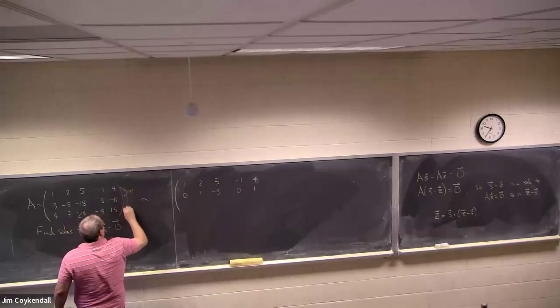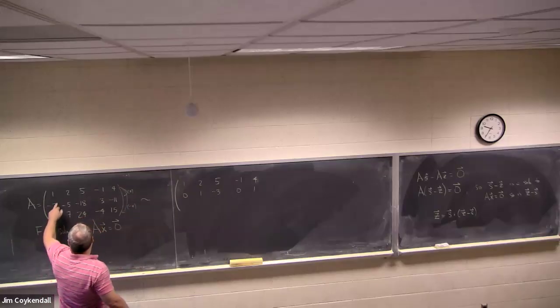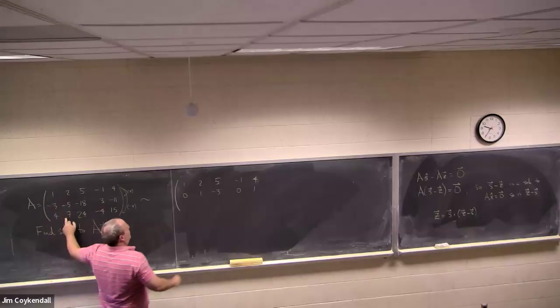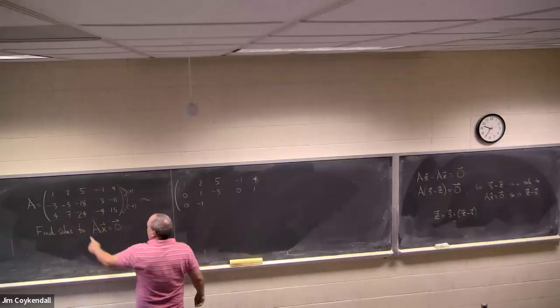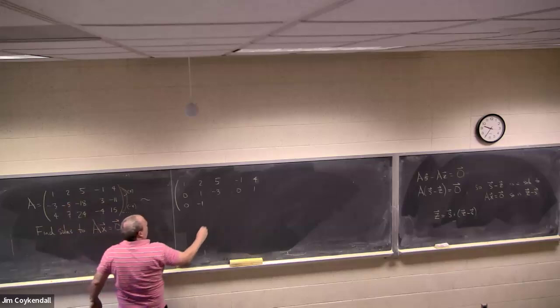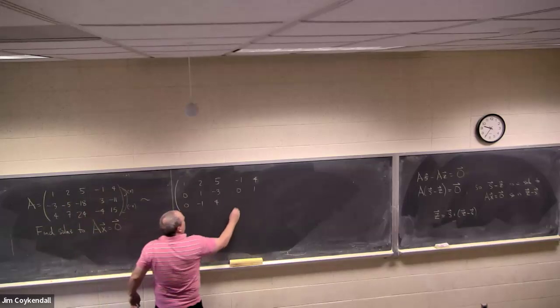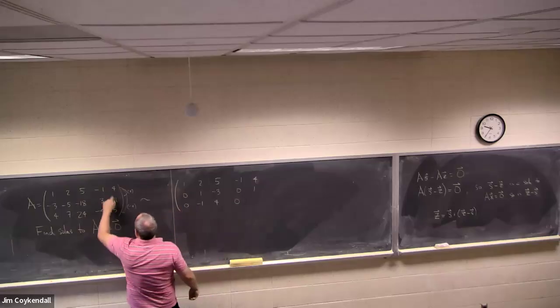And I'm gonna multiply this first row by -4 and add it here. So that's gonna give me -1, 0, -1. That's gonna be -4, so that's gonna be 4. That's gonna be 0. And that's gonna be -1.